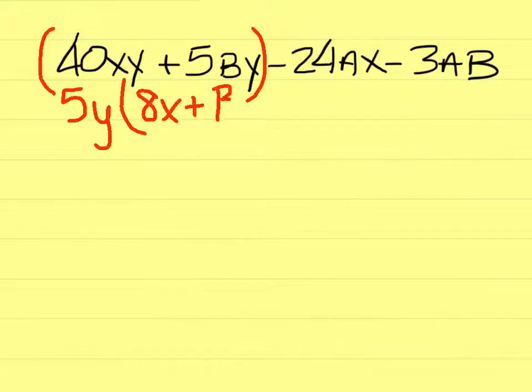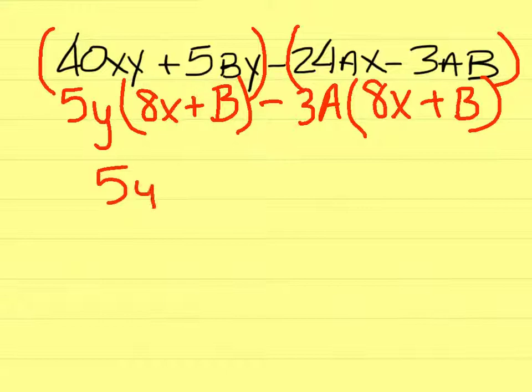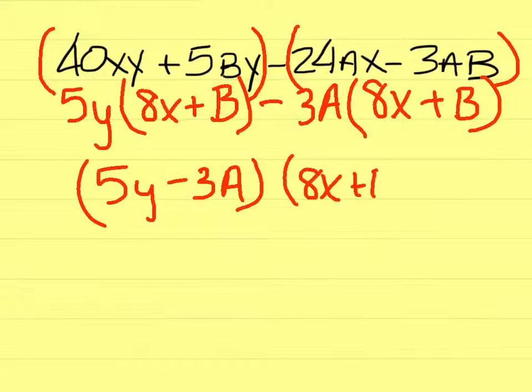No. We have a minus, and the next quantity, 24ax minus 3ab. 3a. Good. What am I left with? 8x plus b. So what are my two quantities? 5y minus 3a, and 8x plus b. If that's exactly what you had, then you get points.